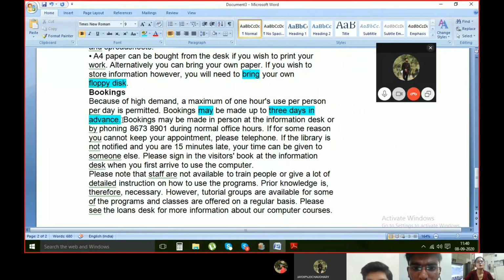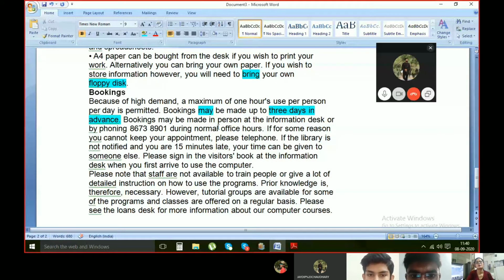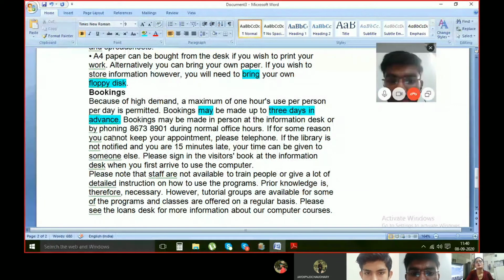Okay, Hitesh, you read it please. Find out the location of the word bookings may be made in, quarter. Okay, fast. Bookings may be made in person at the information desk. Go very fast, please. 86738901 during normal office hours. If for some reason you cannot keep your appointment, please telephone.